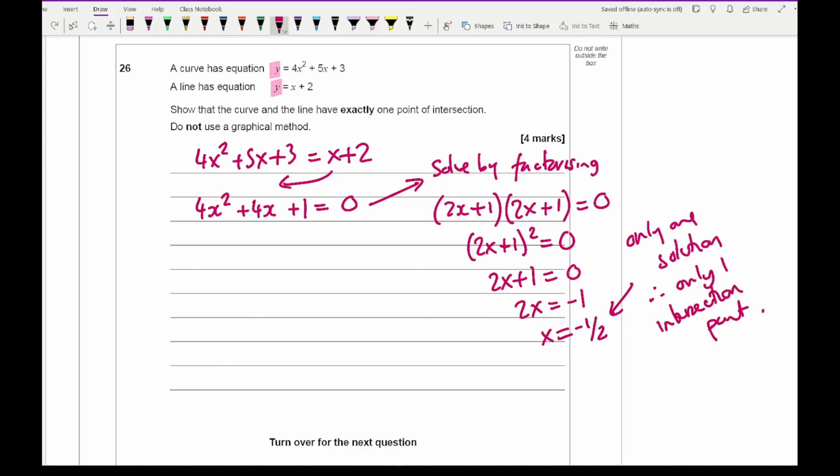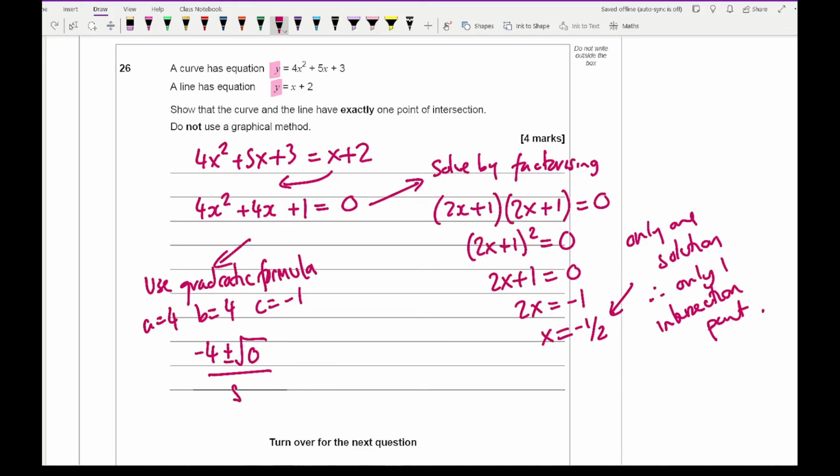Now, if you can't factorize it, you can use the quadratic formula to solve. If you do that, a is going to equal 4, b is going to equal 4, and c is going to equal 1. When you do the substitution, you'll end up with minus 4 plus or minus the square root of 0, over 8.